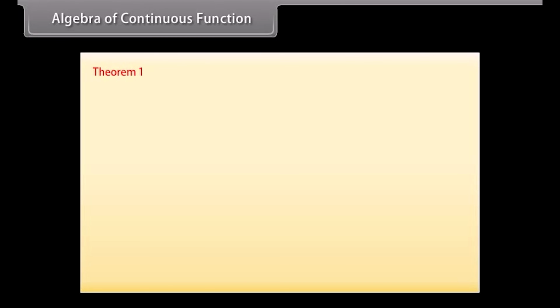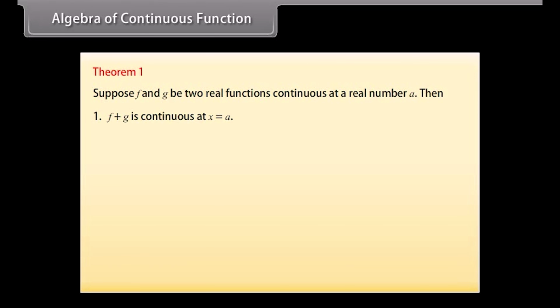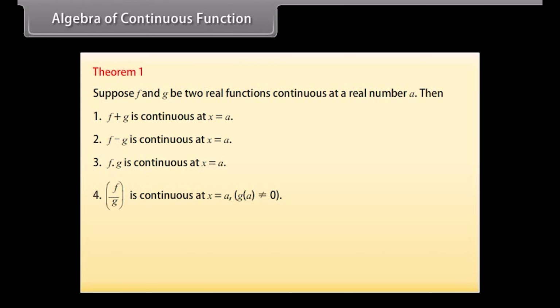Algebra of continuous functions. Theorem 1. Suppose f and g are two real functions continuous at a real number a, then: 1. f + g is continuous at x = a. 2. f − g is continuous at x = a. 3. f · g is continuous at x = a. 4. f/g is continuous at x = a, provided g(a) ≠ 0.